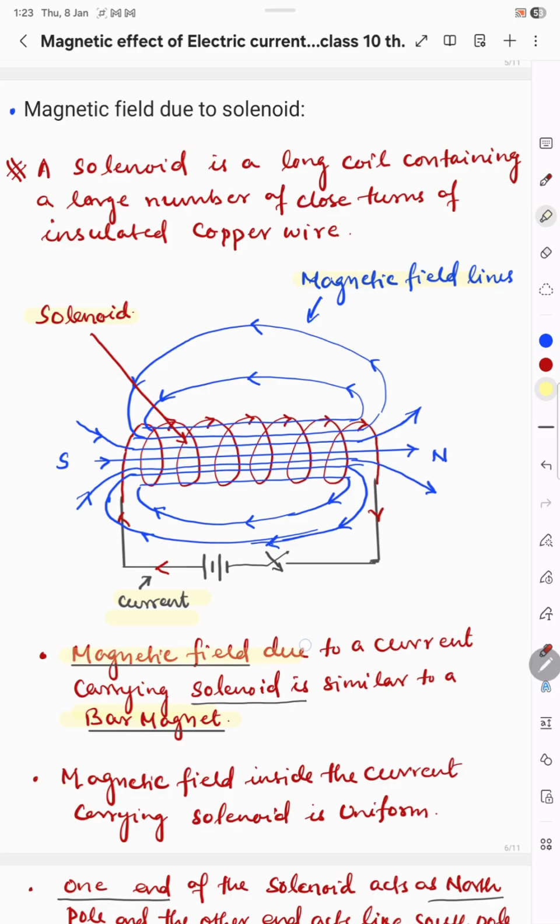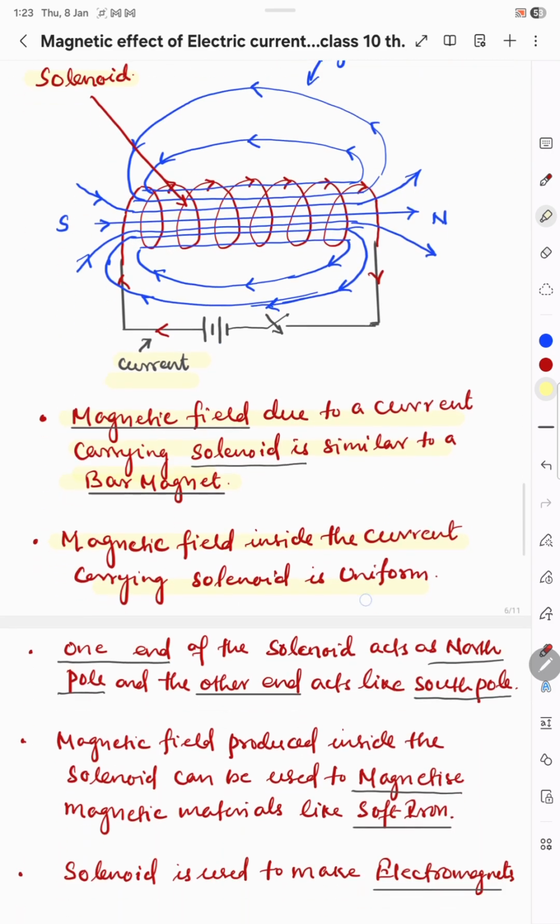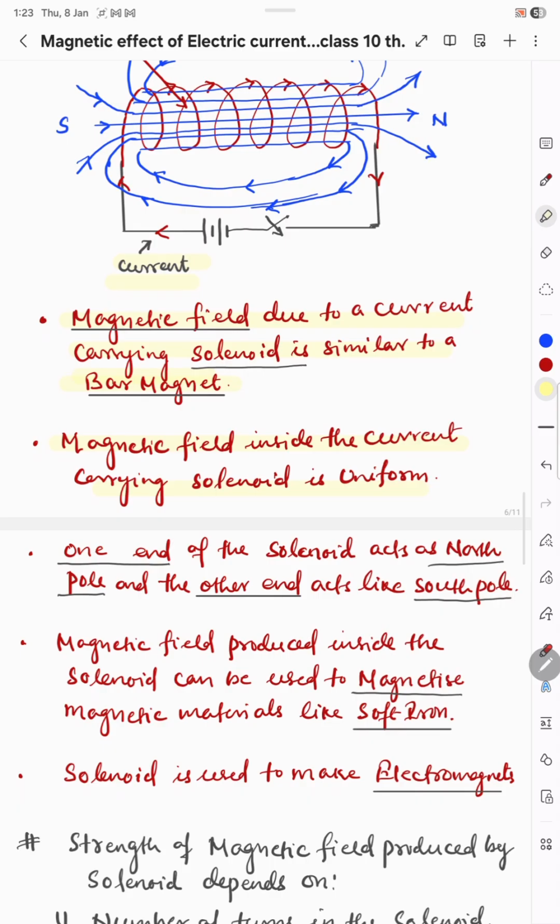So magnetic field due to current carrying solenoid is similar to a bar magnet. The magnetic field inside the current carrying solenoid is uniform. So one end of the solenoid acts as a north pole and the other acts as a south pole. So you can see the south pole here and we have the north pole here.